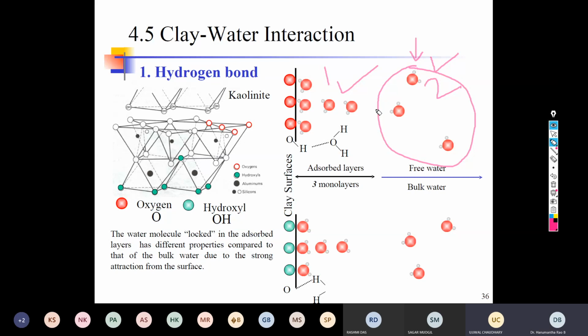Okay. See, when you try to apply the vibration, this adsorbed water tries to get detached. That means there is a fight between electrochemical forces versus vibrational force. If the vibration force is continued for a longer time, these molecules come out from the adsorbed layer.